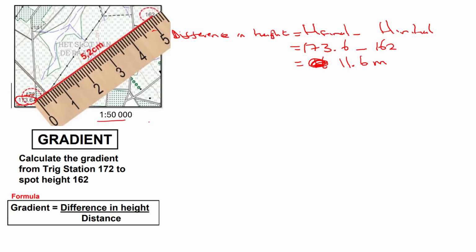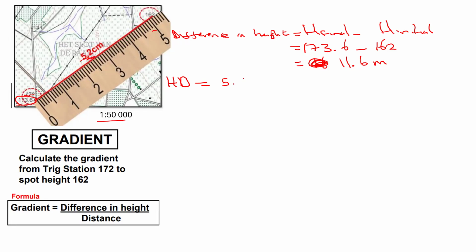And then I can calculate my horizontal distance. If I were to measure the distance with a ruler from this point 172 to 162, I'll get 5.2 centimeters.